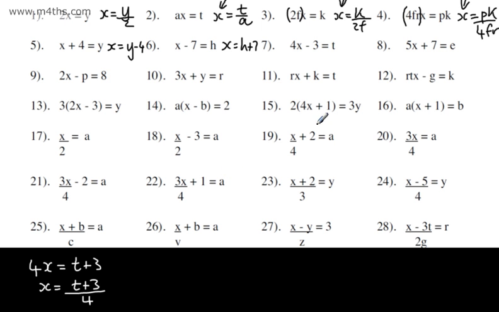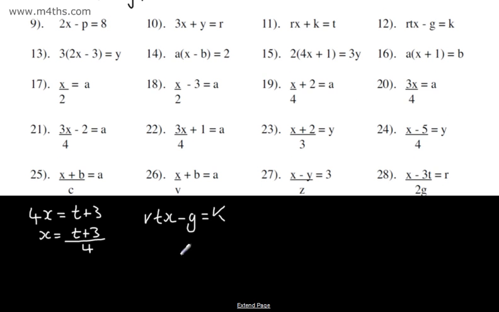Okay, let's do something slightly more interesting. Let's look at this one. We've got rtx, so rtx minus g is equal to k, and we want to make x the subject. So x started its life multiplied by rt, then it had g subtracted, which gave us k, so we're going to work the other way.